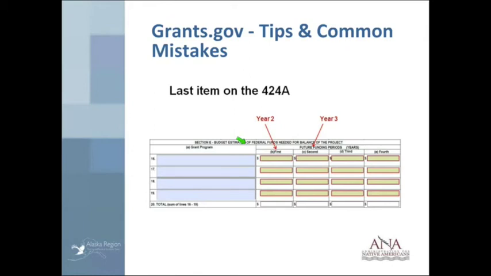The only thing that's kind of odd with this is that you're going to put your year 2 anticipated federal request under column B that says first, and your year 3 request under column C, which says second. All right, that doesn't seem intuitive, but that's basically what you're going to do. So if you've got a 3-year project, this is where you put your year 2 anticipated federal request and your year 3.